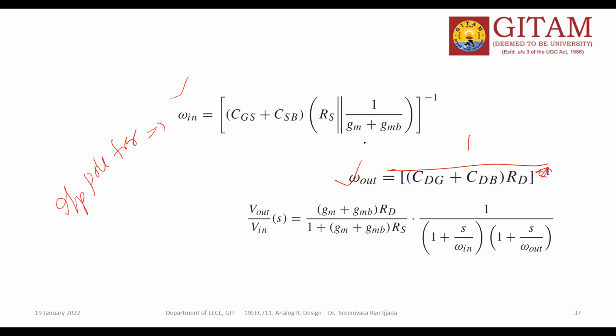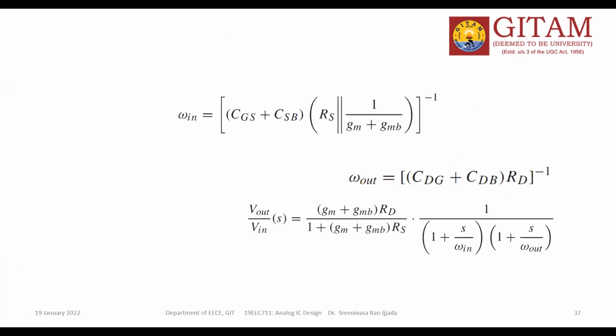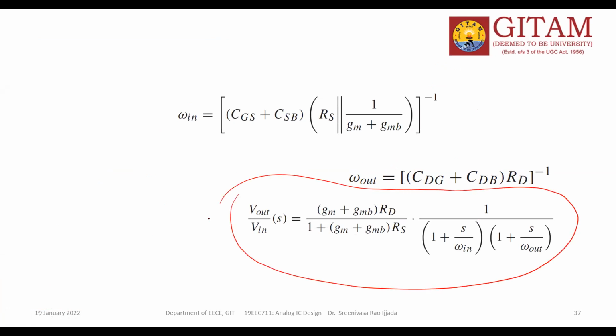Then the transfer function of this common gate configuration is the ratio of output to input. By KVL and KCL equations, you will get this type of equation: Vout by Vin is equal to (GM plus GMB) times RD by (1 plus (GM plus GMB) times RS), multiplied by 1 over one pole and 1 over one more pole.